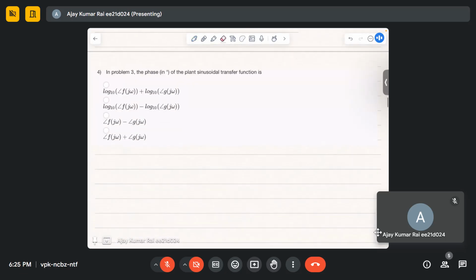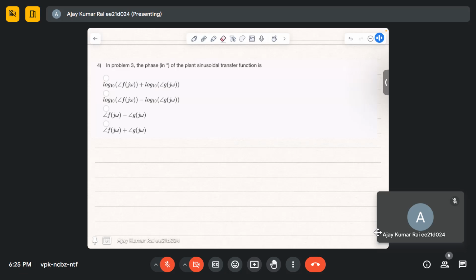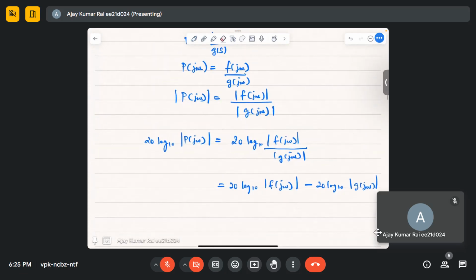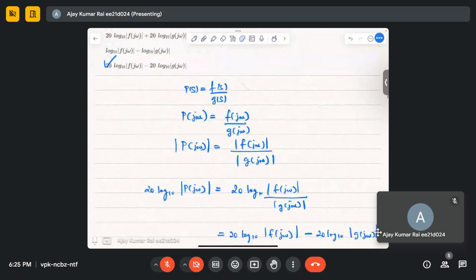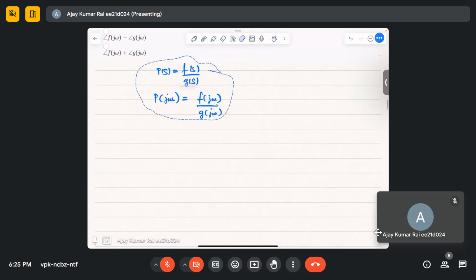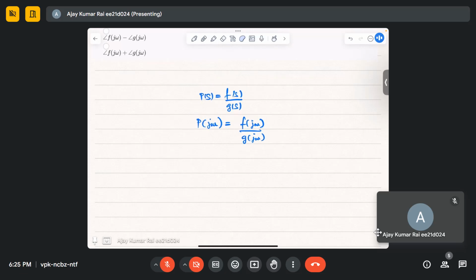So in problem 3, the phase of the plant transfer function. Let me just copy this. You want to find the phase.